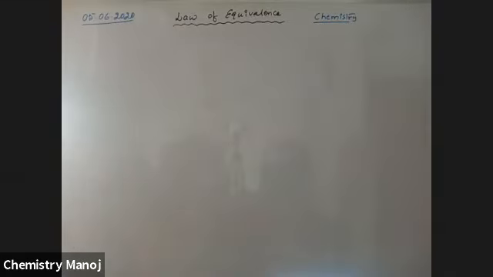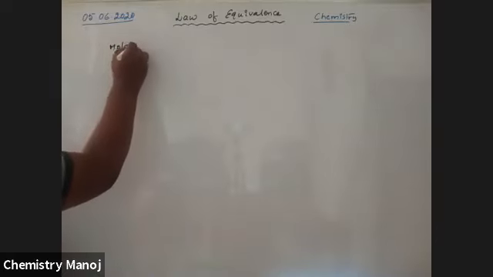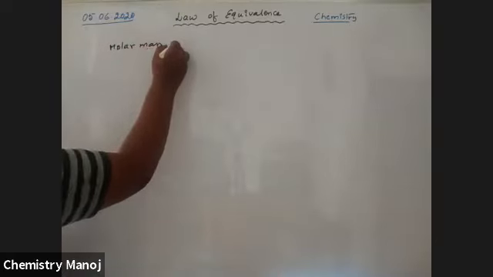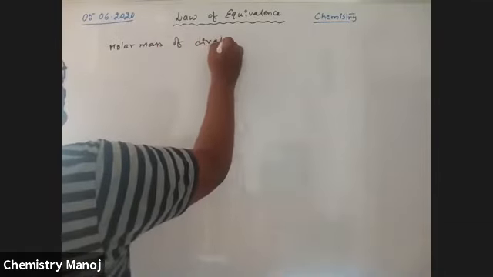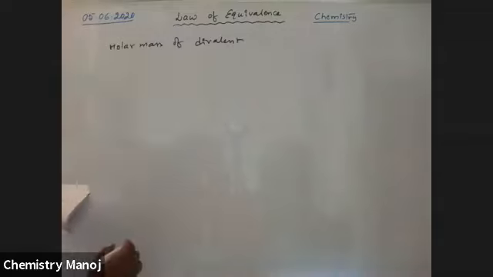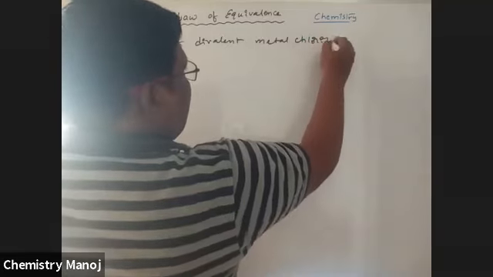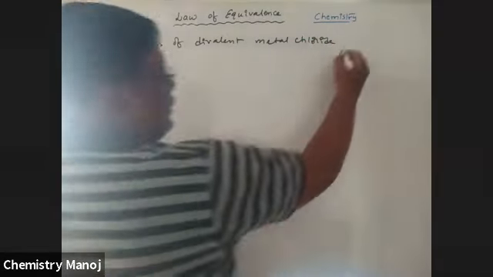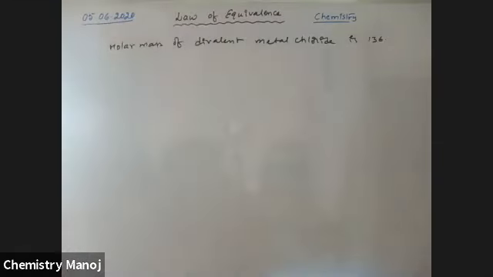Molar mass of divalent metal chloride is 136.